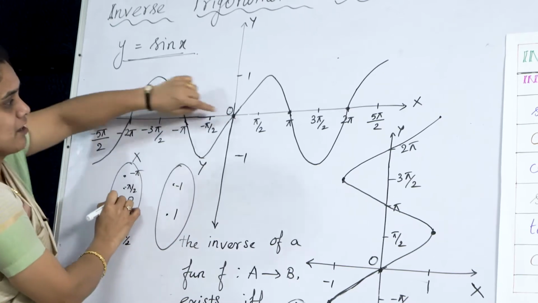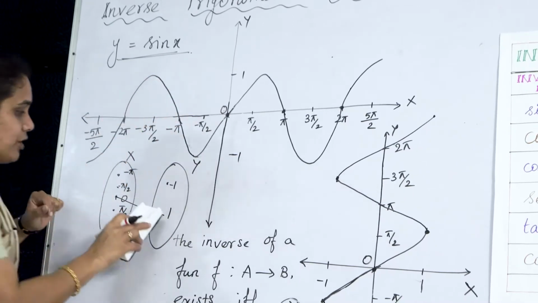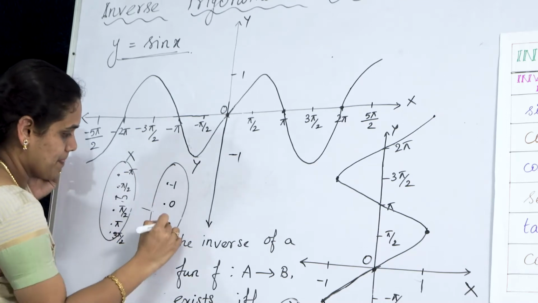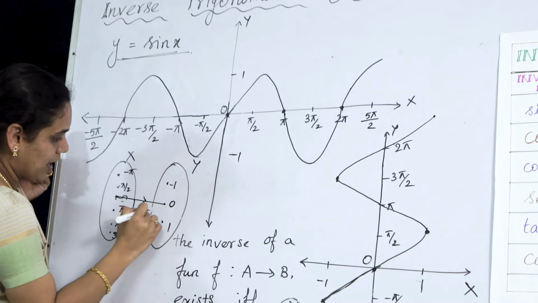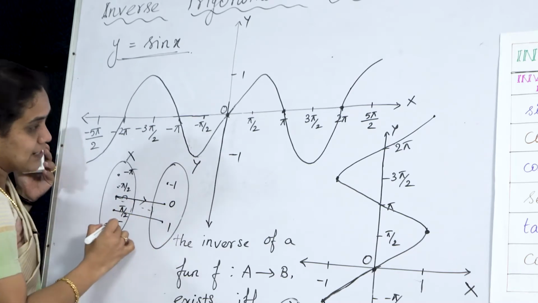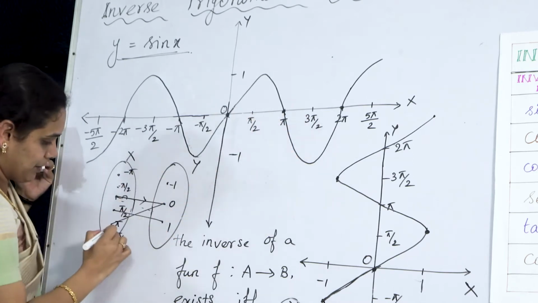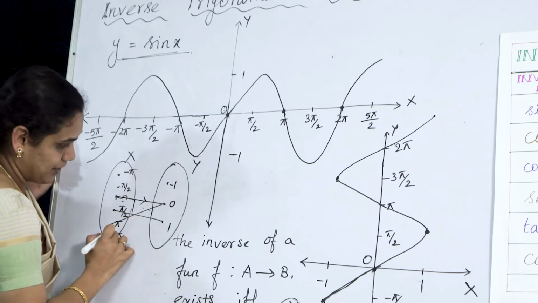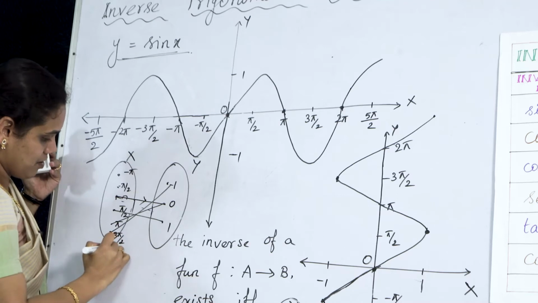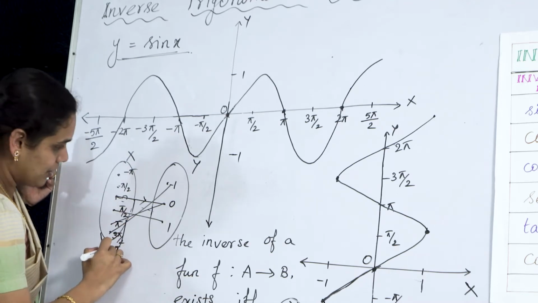Then 0 is mapped to 0, right? And for sine 90 we have 1, and sine pi we have 0, and again sine 3 pi by 2 we have minus 1, and for 2 pi, again we get 0.